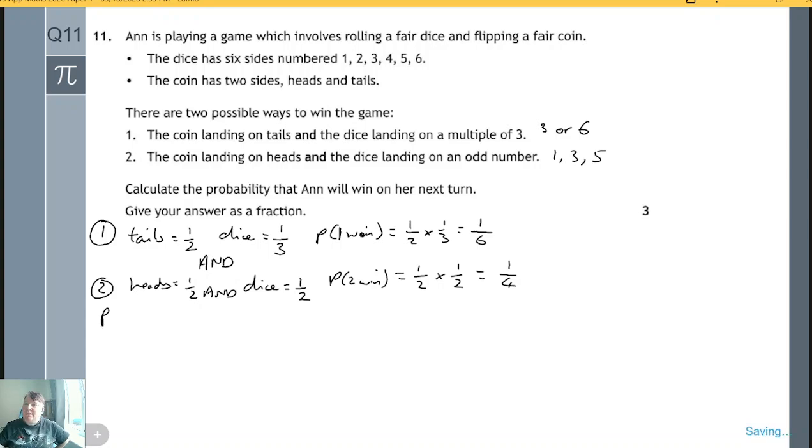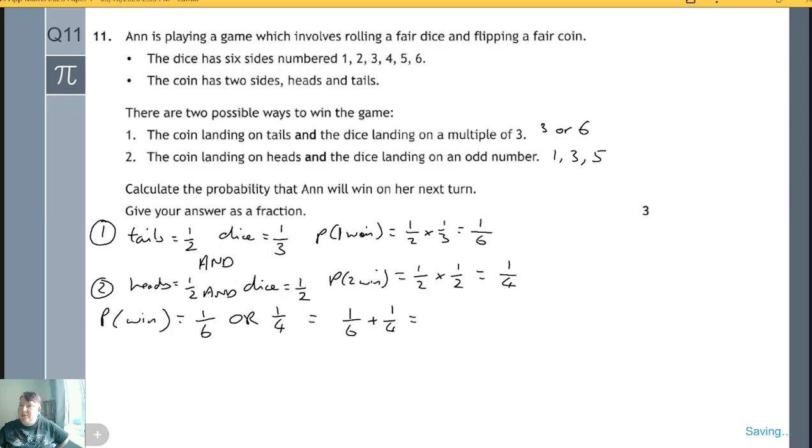So the probability of a win with either method is going to be an or. We can have a sixth or a quarter. And that's where you add them together.